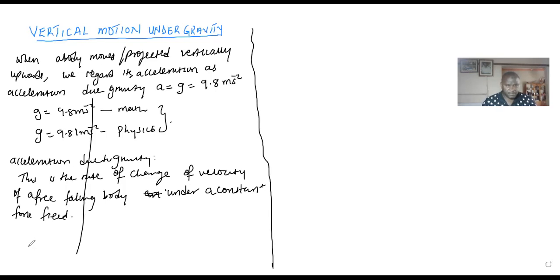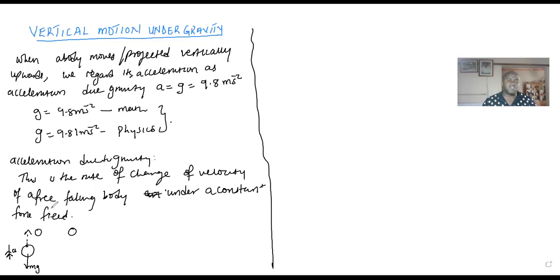When we throw a body and this body moves up, there is no body force pulling it, but the body itself has a weight mg which acts downwards. The acceleration with which this body will be moving will be got from the resultant force.